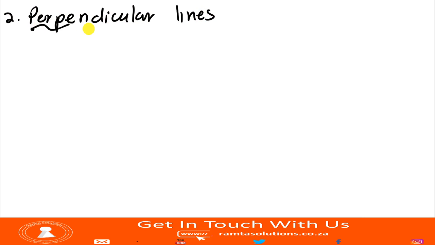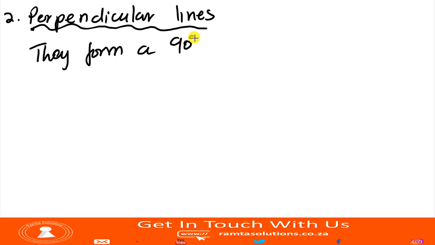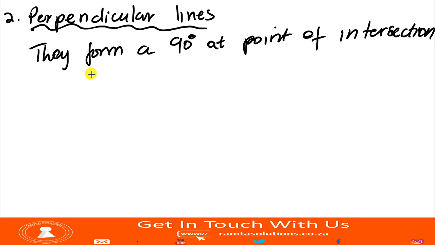All right? With these ones, they form 90 degrees at the point of intersection. All right? At the point of intersection. And two, the gradient of 1.